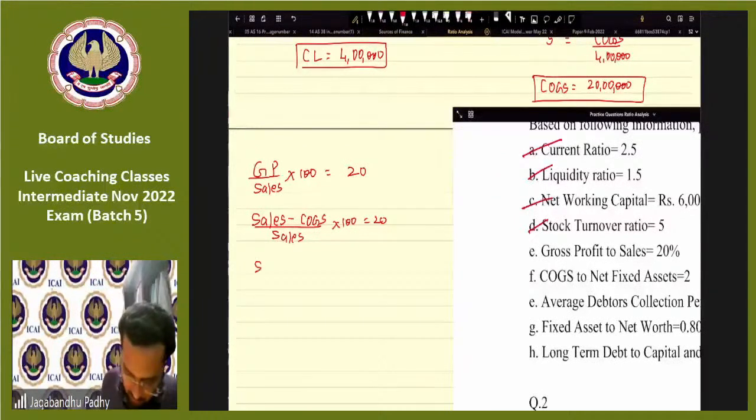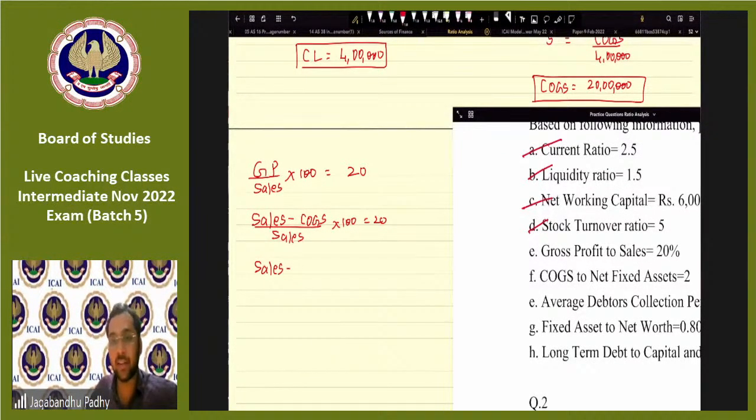So we don't know what is sales, but we know that COGS is 20 lakh. So sales minus 20 lakh upon sales into 100 is 20.